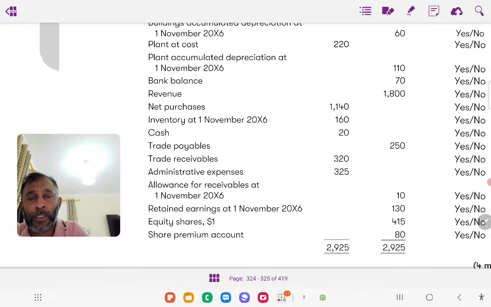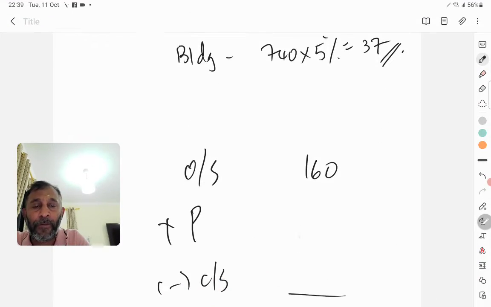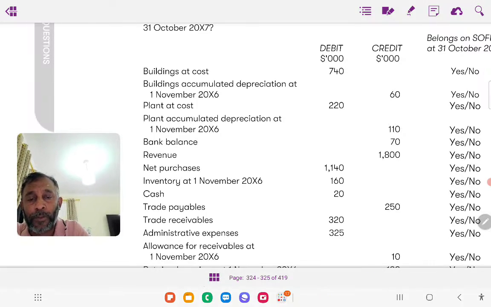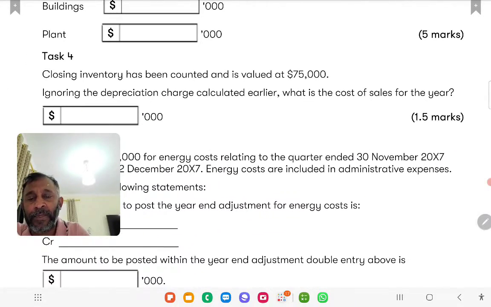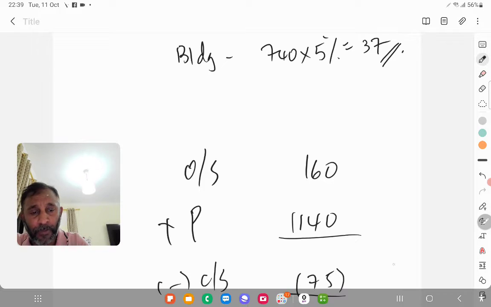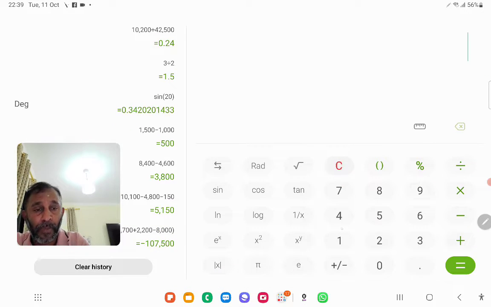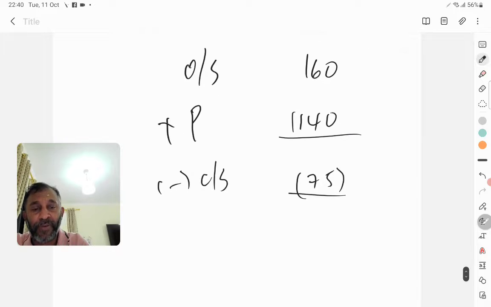And your net purchases 1140, minus your closing stock 75,000. So 160 plus 1140 minus 75 is 1,225. That's the cost of sales.